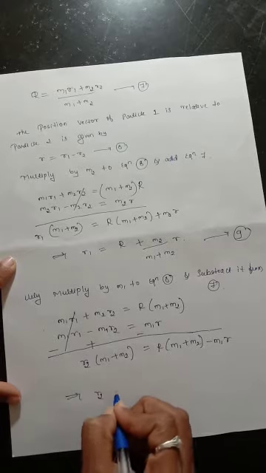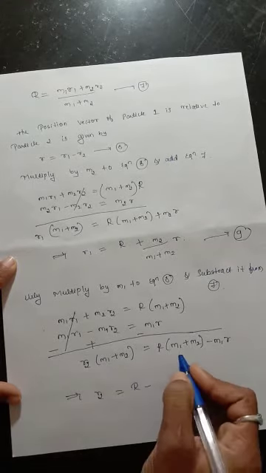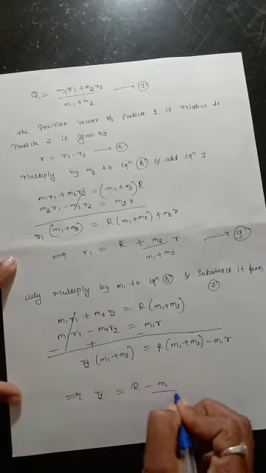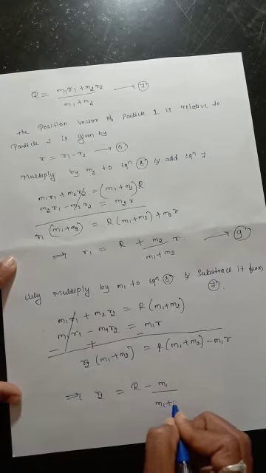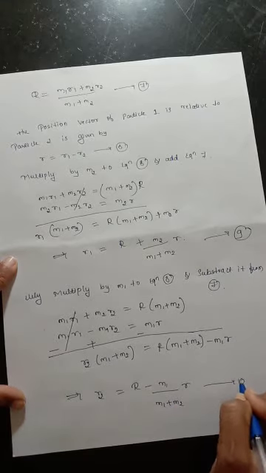So small r2 equals capital R minus m1 divided by m1 plus m2 times r. Consider this as expression 10.